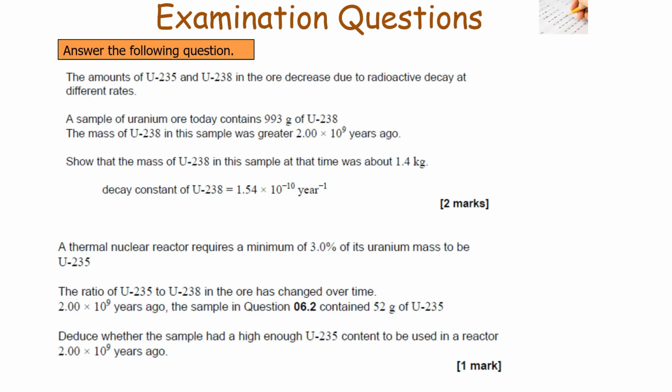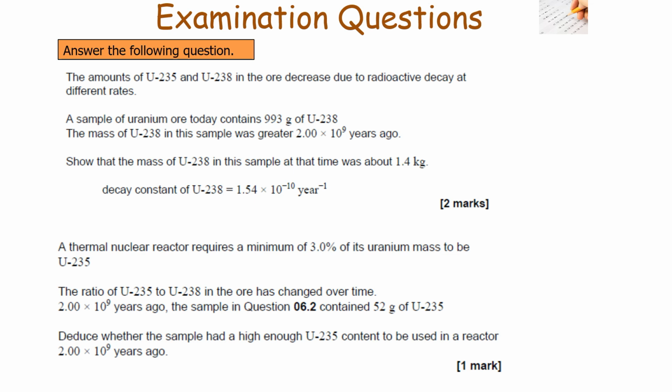The next question says the amounts of uranium-238 and 235 in the ore decrease due to radioactive decay at different rates. A sample of uranium ore today contains 993 grams of uranium-238. The mass of uranium-238 in the sample was greater 2 times 10 to the 9 years ago. Firstly, show that the mass of uranium-238 in the sample at this time was about 1.4 kilograms, and that a thermal nuclear reactor requires a minimum of 3% of its uranium mass to be uranium-235.